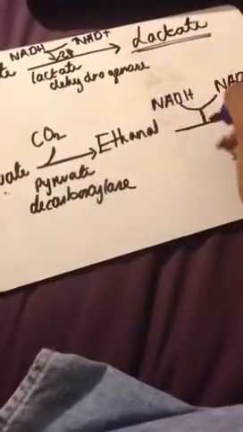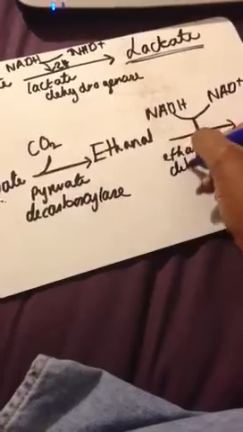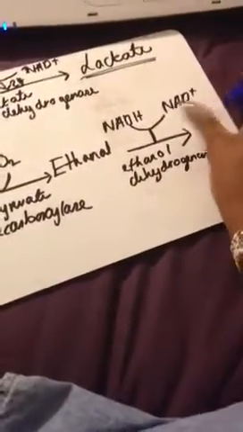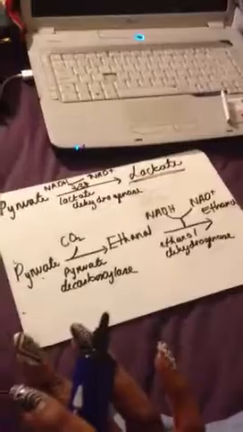So our hydrogen atoms are accepted by ethanol, and then an enzyme called ethanol dehydrogenase catalyzes this and gives us our alcohol, which is ethanol. Well, that's not how you spell ethanol. Let's be serious. Which gives us ethanol. And that is our anaerobic respiration done.